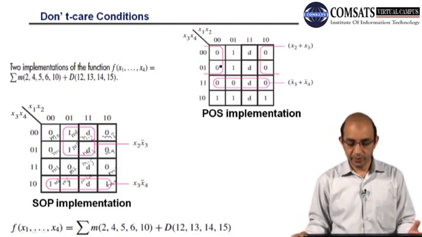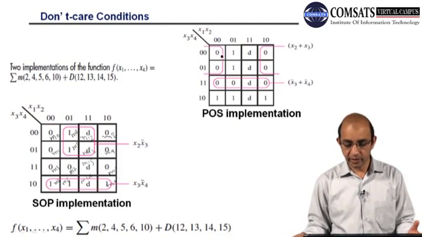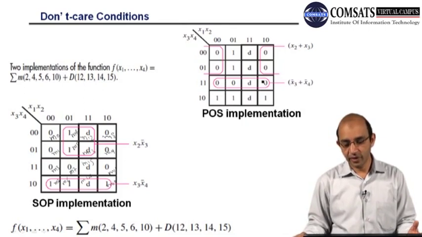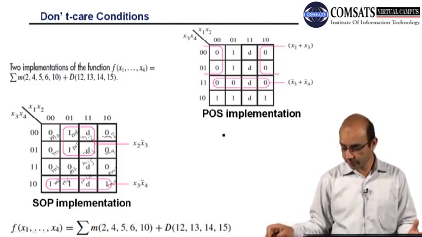If we flip vertically, we have a square here, and we have the 4 zeros and a don't care position. Here you can see that we have used this don't care by replacing 0. So we have x3 bar plus x4 bar, and with this map grouping you will have x2 plus x3. So this is the product of sums.